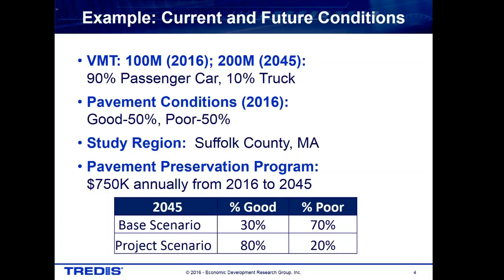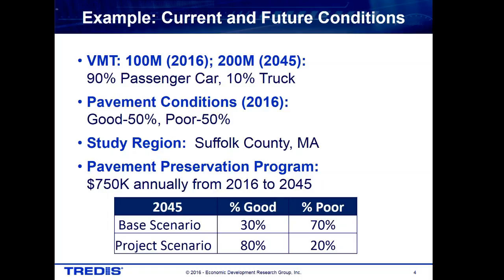Within this region, we're estimating that roughly there's 100 million vehicle miles traveled occurring in the year 2016. That's expected to increase up to 200 million by the year 2045. Right now, we're assuming that 90% of these vehicle miles are associated with passenger cars, and the remaining 10% is associated with freight trucks.